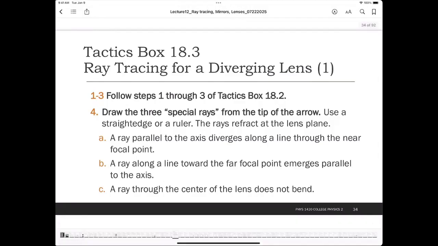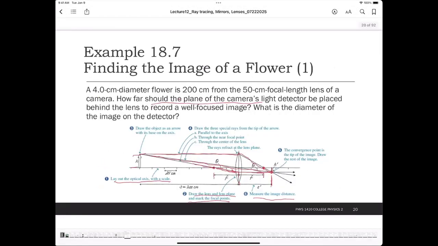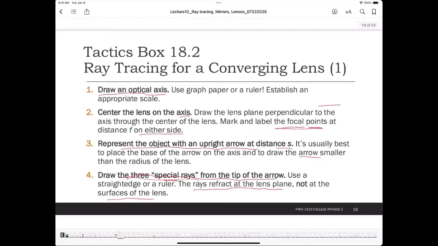Let's do a review. For the first three steps, we draw an optical axis, use graph paper or a ruler to establish an appropriate scale, and then center the lens on the axis.